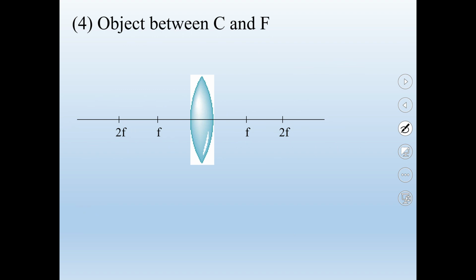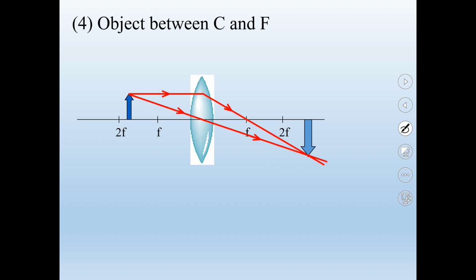And another one is the object between the center point and the focus point. We use the same way. First, we send the first ray, parallel to the principal axis, and it passes through the focus point. The second ray is directed to the optical center, and after refraction it moves directly. At the point where they connect, we draw the position of the image.